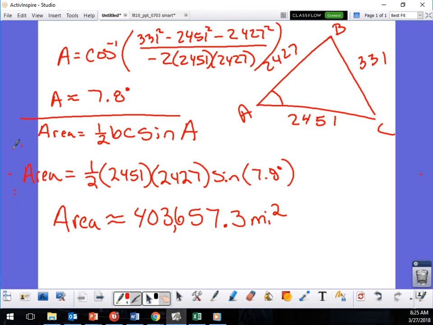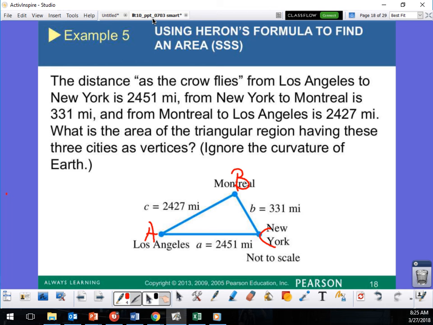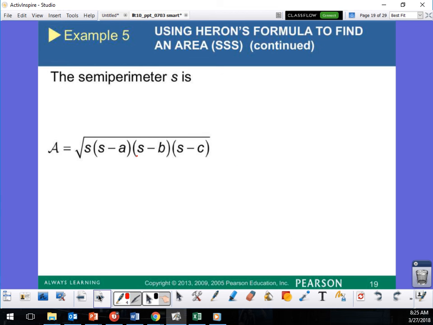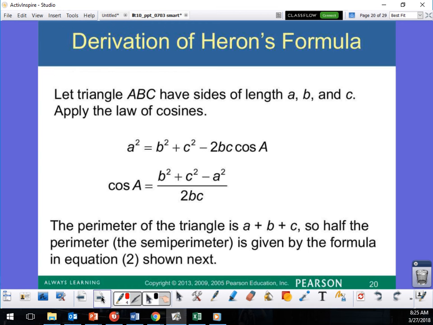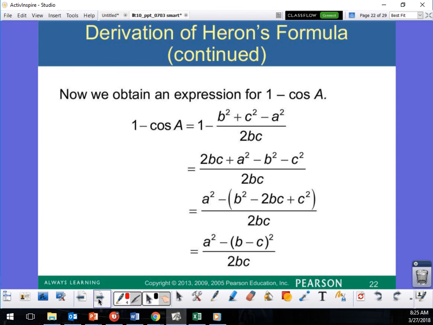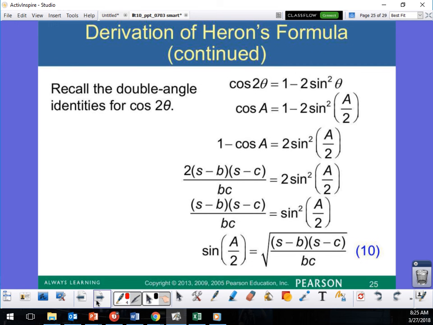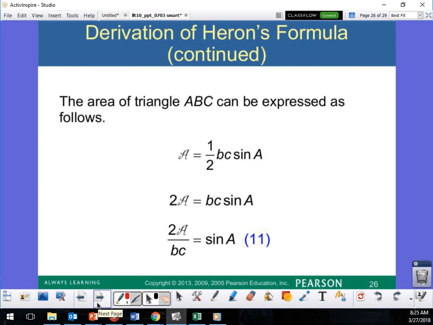So it makes it a whole lot easier than actually having to do the formula. This is what it would look like. You start by this, then find the semi-perimeter, and then you would plug it into there. Here's the reason for it. And then it comes back up to this right here.